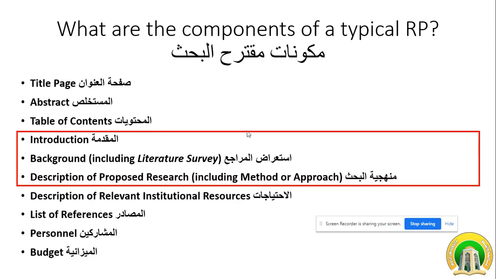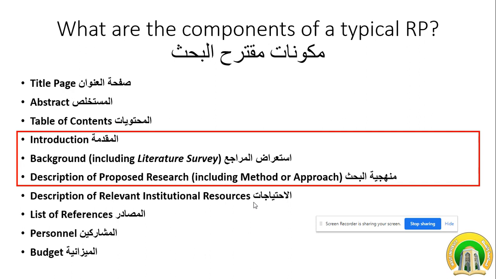So what are the components of a typical research proposal regardless of discipline? So you have to have a title page, an abstract, a table of content, an introduction, background. It's a very important piece, which would include the literature review, or you can call it literature survey, and also a description of proposed research, which might include the method and approach.